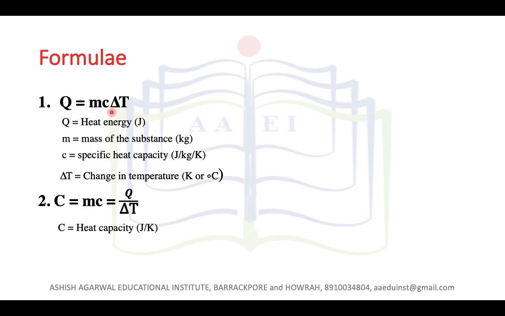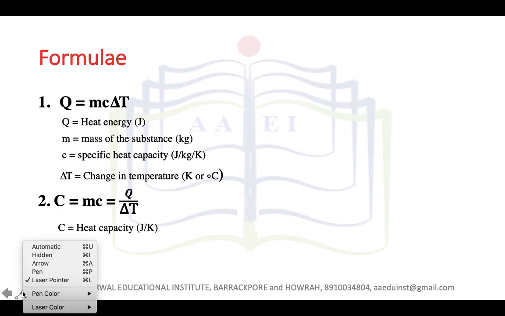Or look at this formula. Q is equal to mc del T. Just now we said mc means capital C. So instead of this mc, if we write capital C and after that we have del T, so let me do it for you.